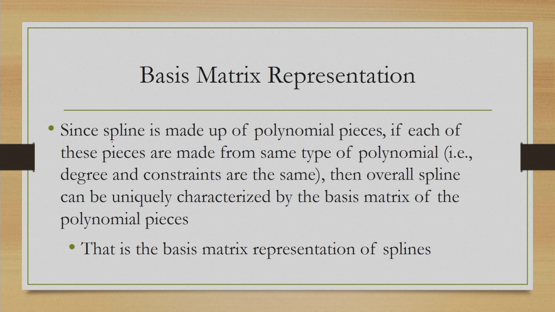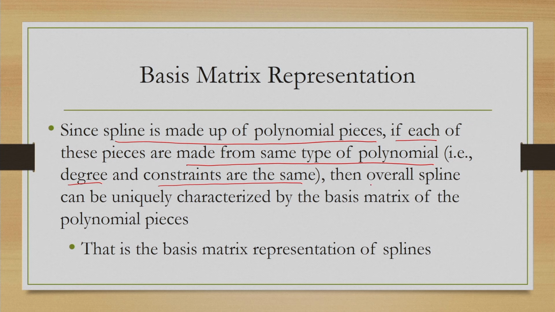Now, we know that a spline is made up of polynomial pieces. Now, if each piece is made of the same type of polynomial, that means the degree and the constraints are the same.